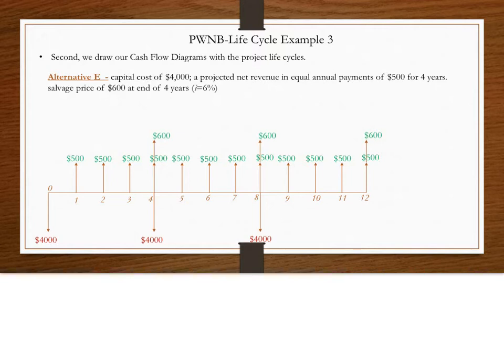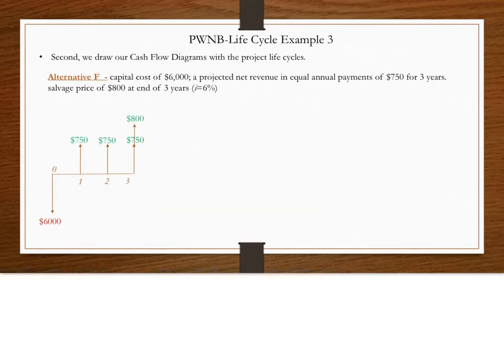So we repeat the capital costs of $4,000 at year 4 and at year 8. We also repeat the salvage price at years 8 and 12. We also have a total of 12 annual revenues of $500.